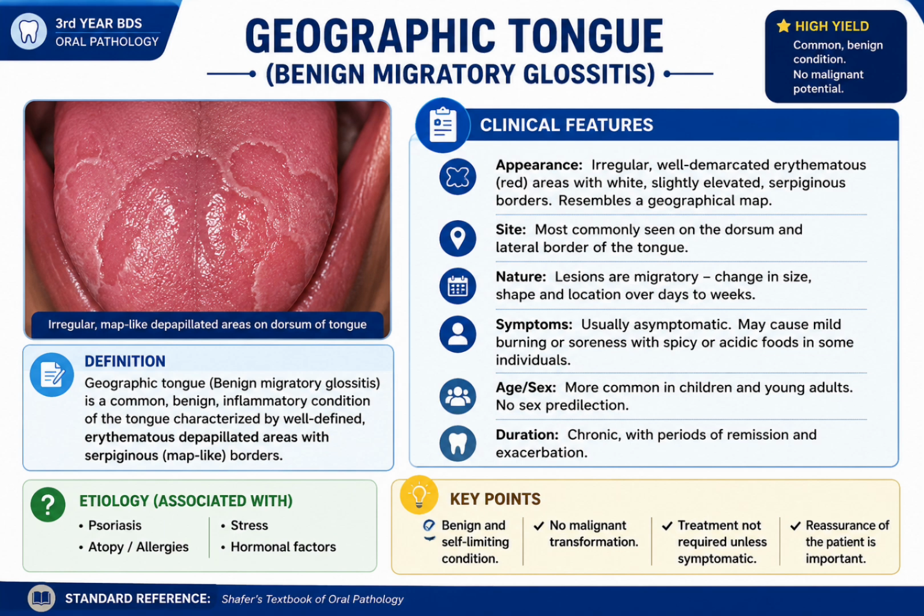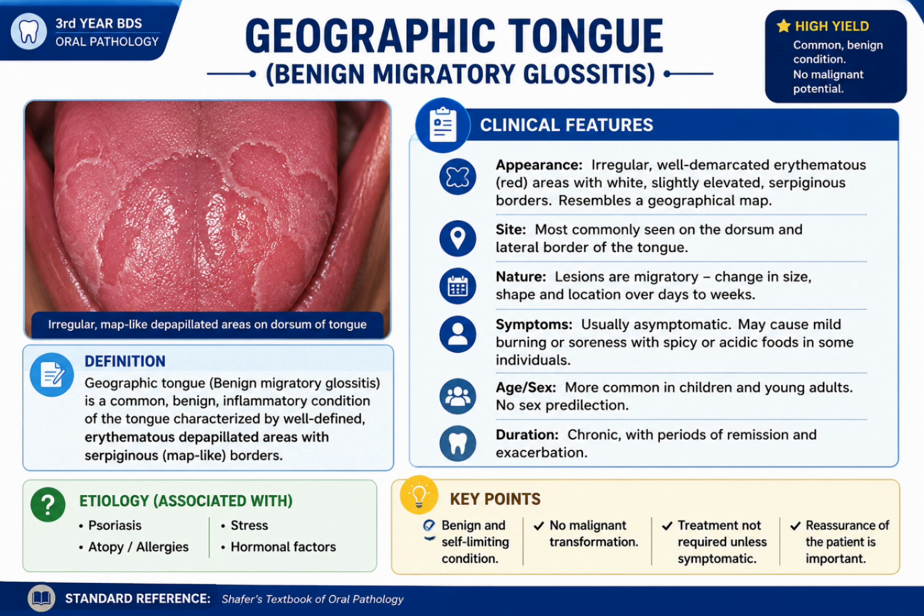Similarly, other anomalies with no symptoms are the fissured tongue, hairy tongue and benign migratory glossitis. As the name suggests, migratory glossitis changes its pattern, and it has white borders. In the picture we can see elevated white borders.